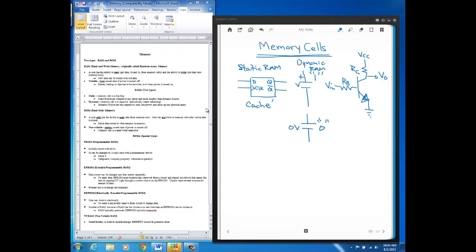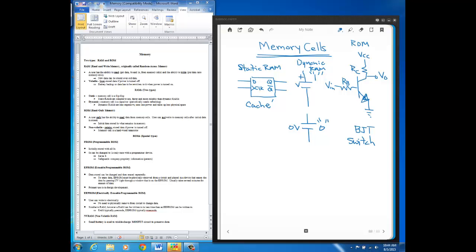The handout talks about the advantages and disadvantages of both of these. This circuit over here, which is a BJT switch that we covered earlier this quarter, is the memory cell for a basic ROM, a read-only type of IC.